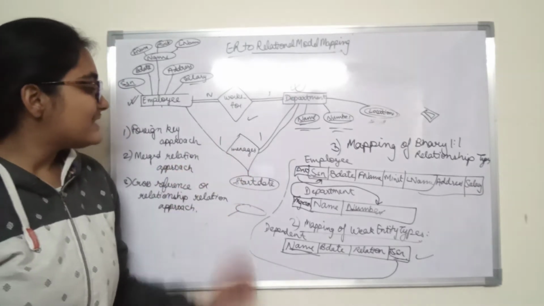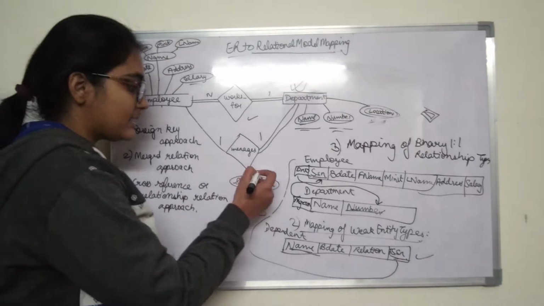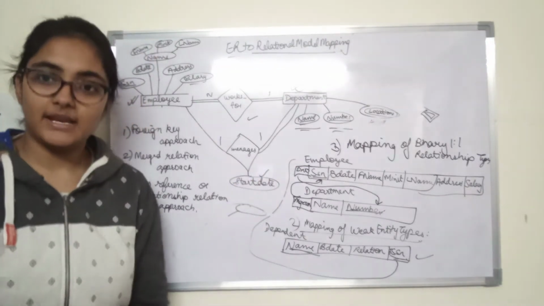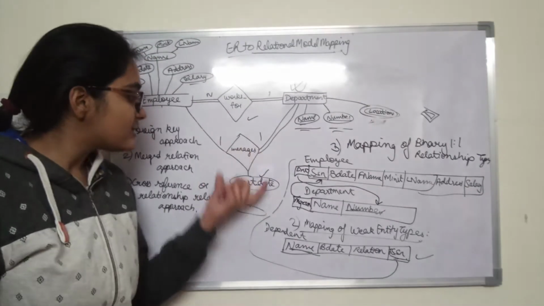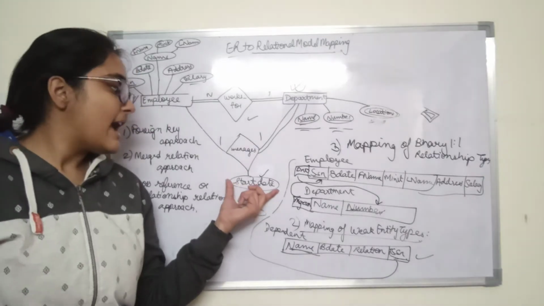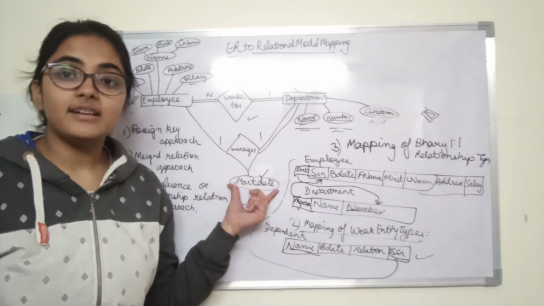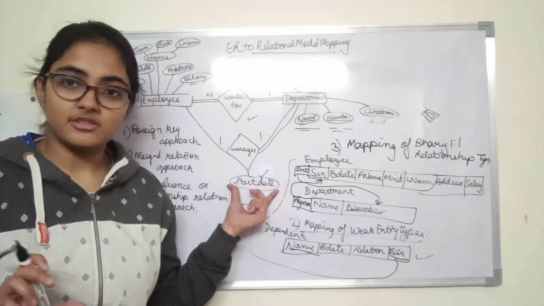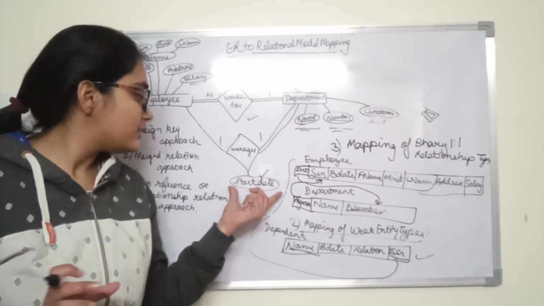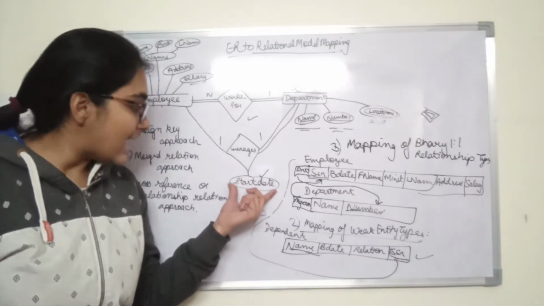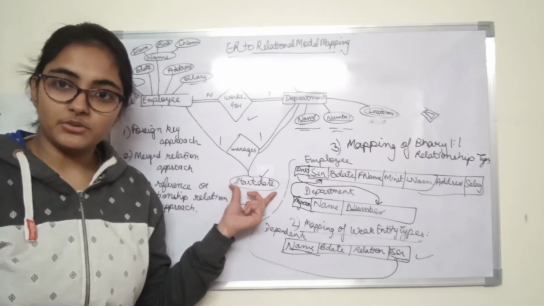Also, in case the relationship type has any simple attribute, so this manages relationship type has an attribute start date, that is the date on which the employee started managing a particular department, right? This is a simple attribute, so include that too on the side on which you have included the foreign key.